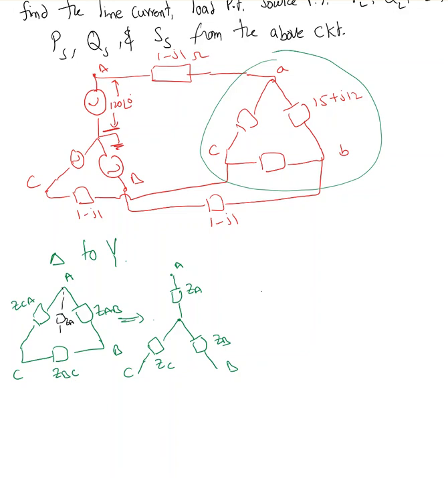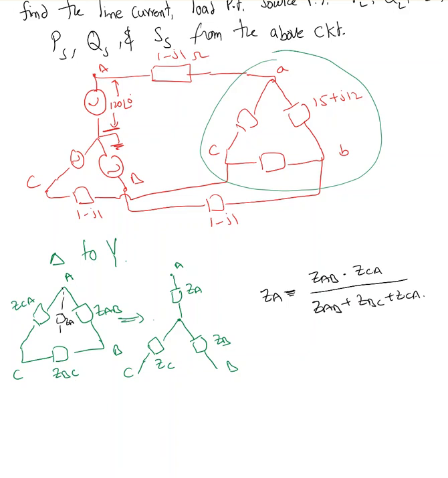ZA is surrounded by AB and CA, so multiply those two, ZAB times ZCA, over ZAB plus ZBC plus ZCA, adding all three.